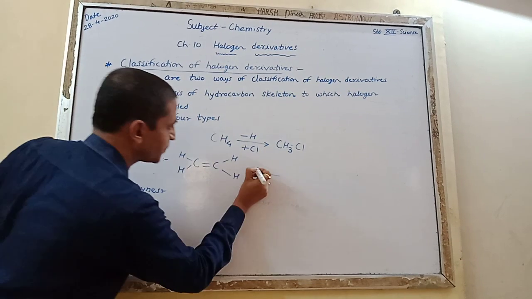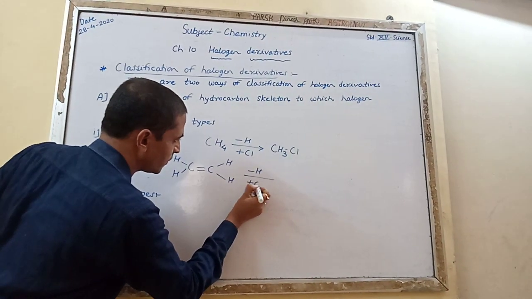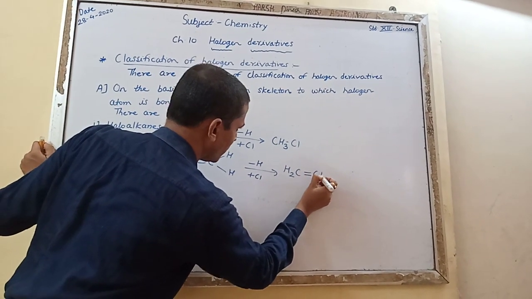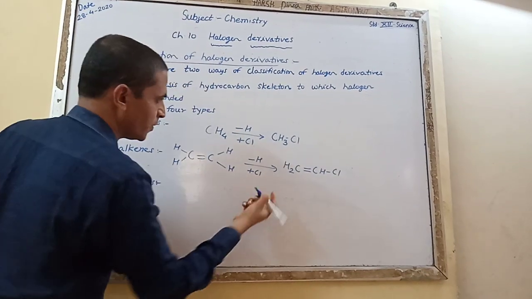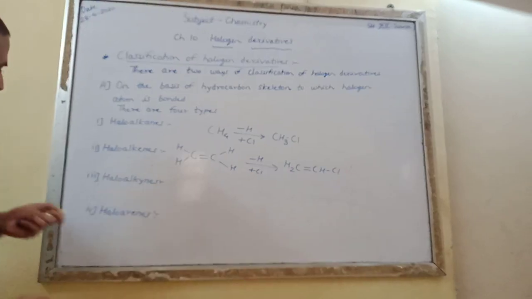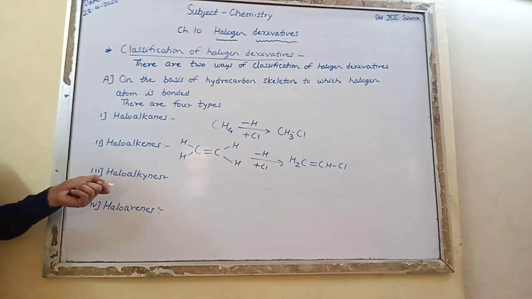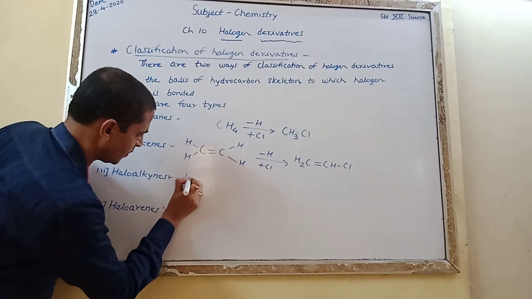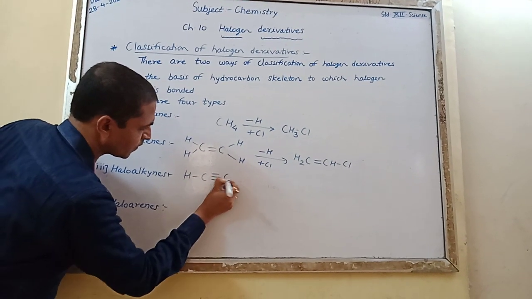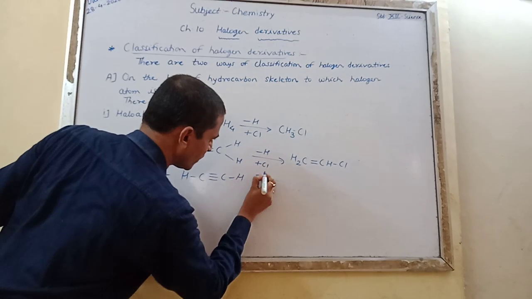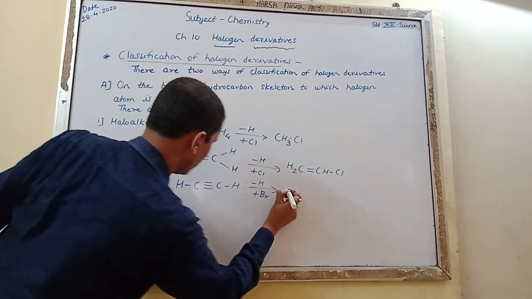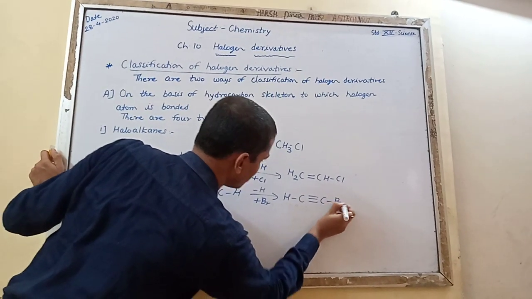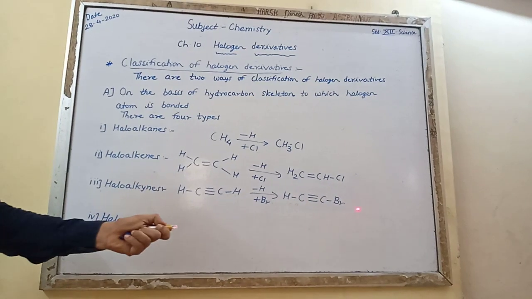Ethene. Minus H, plus Cl. So what will you get? CH2 double bond CHCl. It is what? Haloalkene. Now similarly, when one of the hydrogen atoms from alkyne is replaced by halogen atom, then you get what? Plus Br, here you get HC triple bond CBr. It is again what? Haloalkyne.